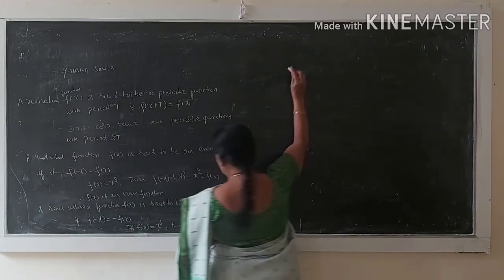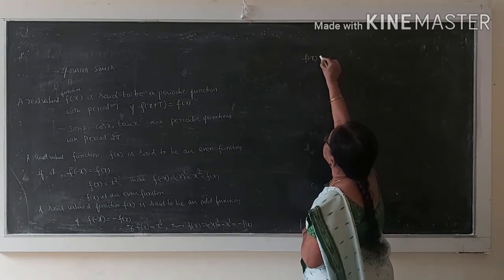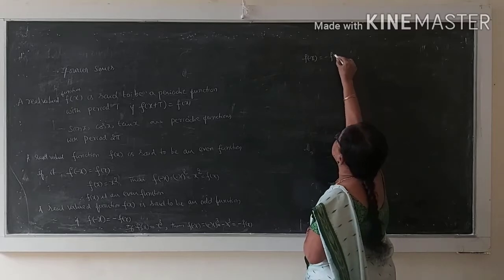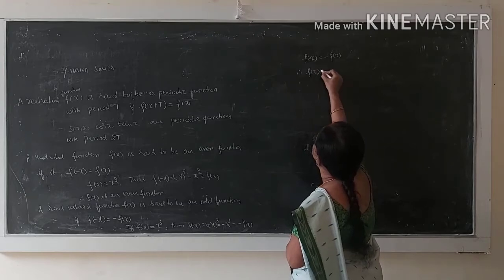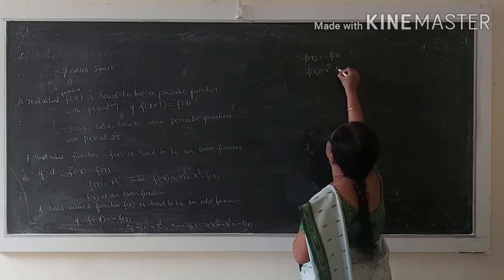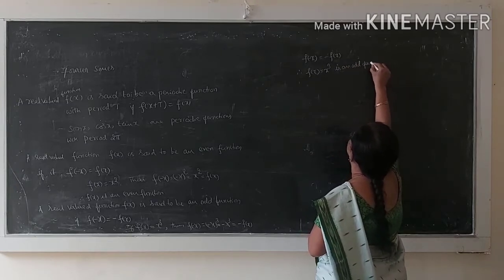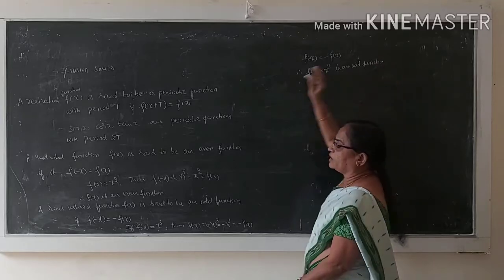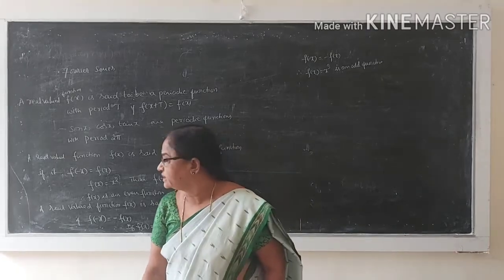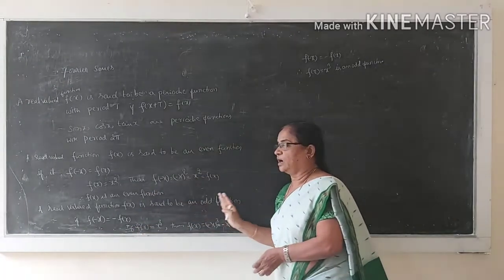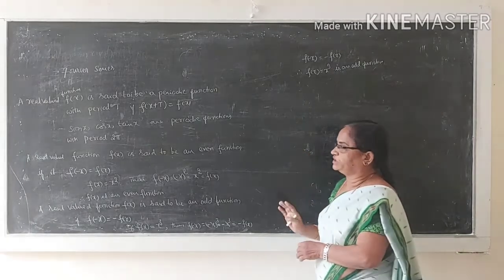Thus f of minus x is equal to minus f of x. Therefore, f of x equals x cube is an odd function. We know these things: we defined the periodic function, the even function, and the odd function. I am just recalling those things.